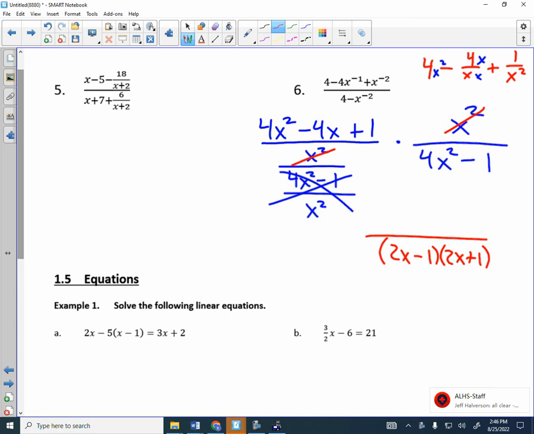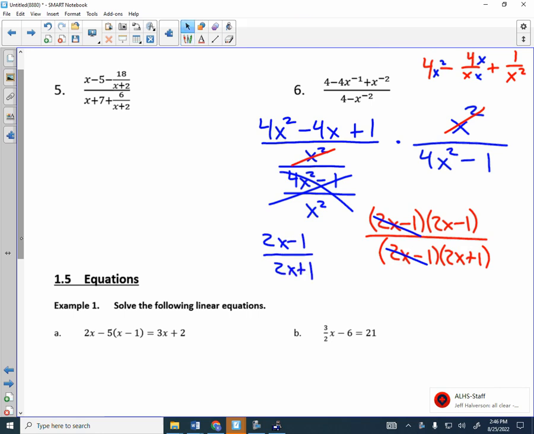And then the top, I think that would factor to 2x minus 1 and 2x minus 1. Is that accurate? So it looks like now the 2x minus 1s will cancel, leaving us with a grand total of 2x minus 1 over 2x plus 1. A little bit challenging problem there.